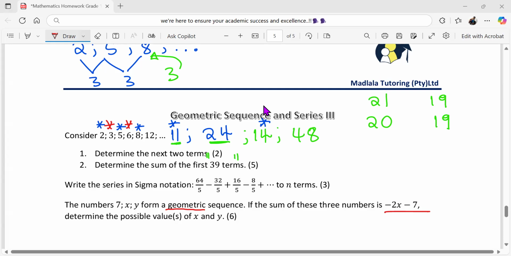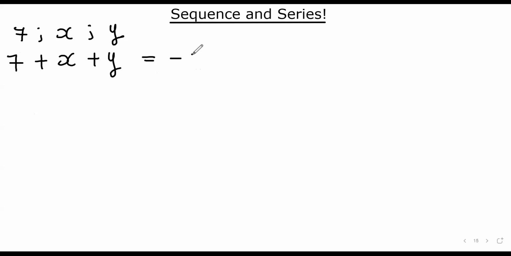Well, that's fine. So we can begin with the most obvious thing, which is to find the sum. The terms that we are given here are 7, x and y, right? So if we say 7 plus x plus y, the sum of these three numbers is negative 2x minus 7.